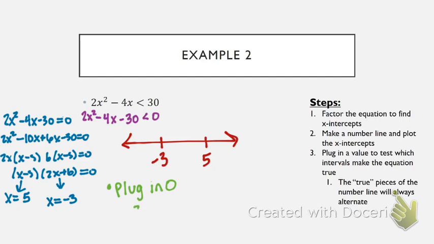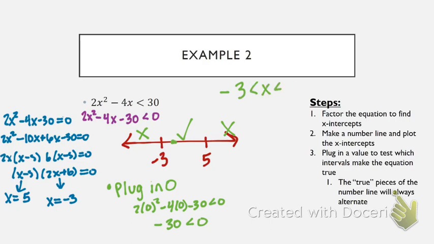So we have 2 times 0 squared minus 4 times 0 minus 30 is less than 0. So -30 is less than 0. That is true. 0 is right here somewhere, so that means the middle is true, which means the outside parts will not be true. So again, my answer will be x is between the x-intercepts of -3 and 5.